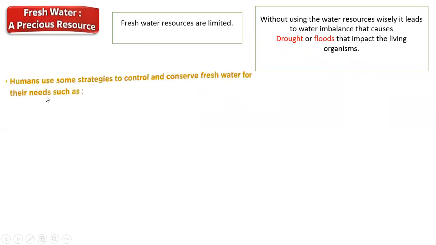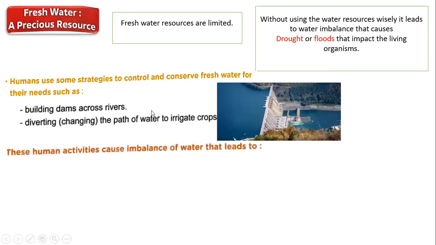So let's open. Humans use some strategies to control and conserve fresh water, like building dams across the river. So we build dams to control the fresh water, diverting or changing the path of water to irrigate crops. Human activities cause imbalance of water that leads to what?